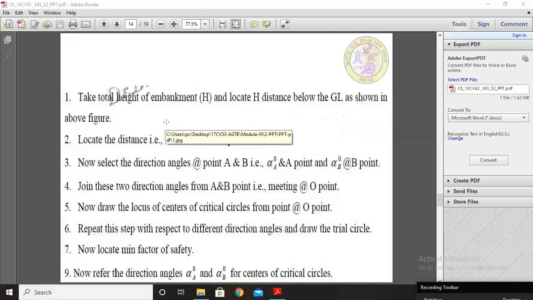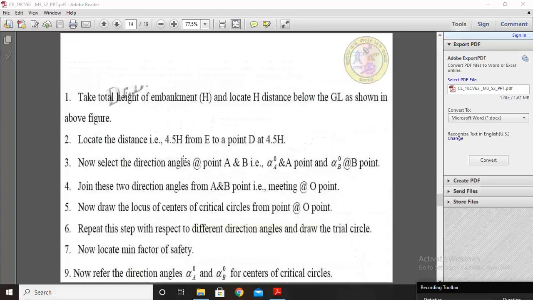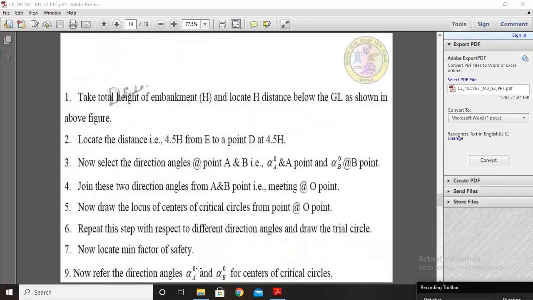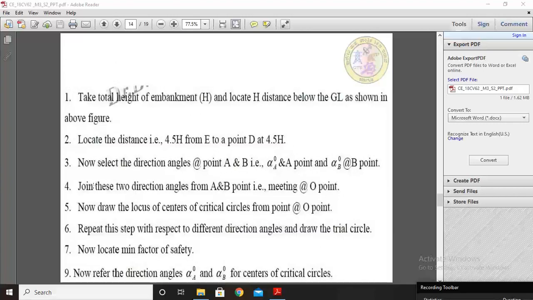Okay, so here, see, the first step is to take the total height of the embankment h and locate h distance below the ground level as shown in the above figures. From this, locate the distance of 4.5 times h from E to a point D at 4.5 times h.